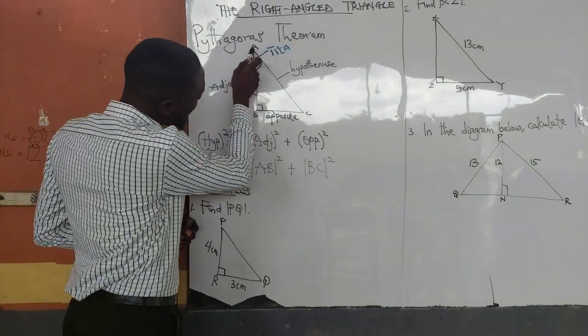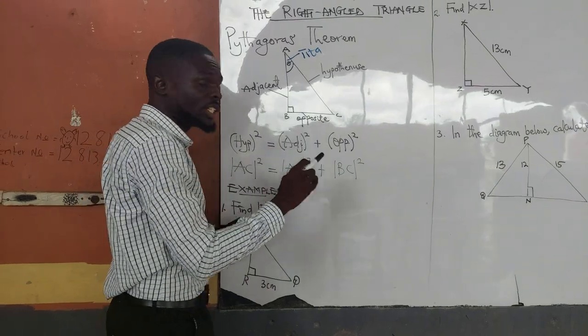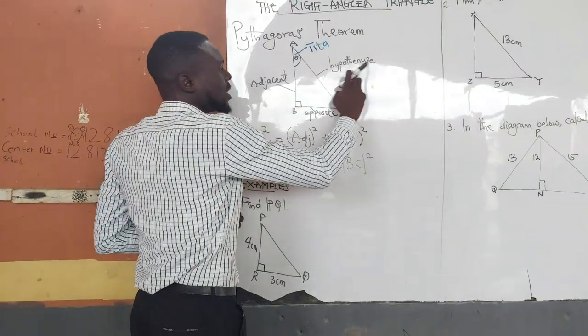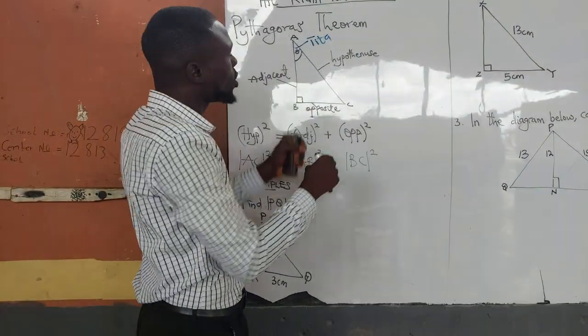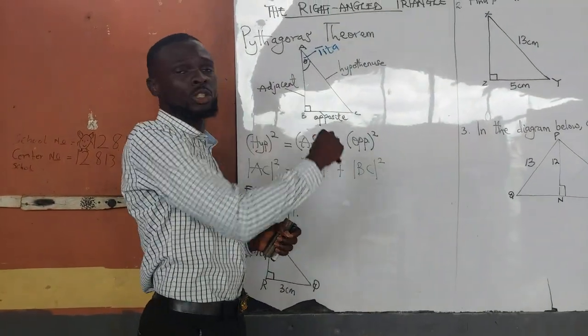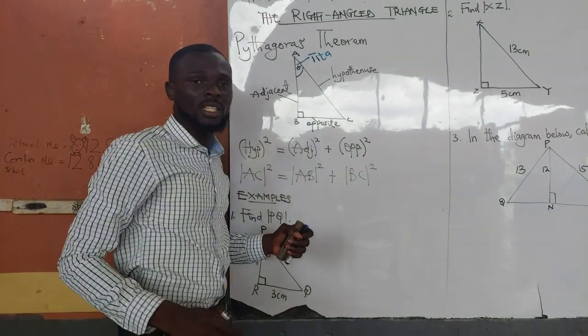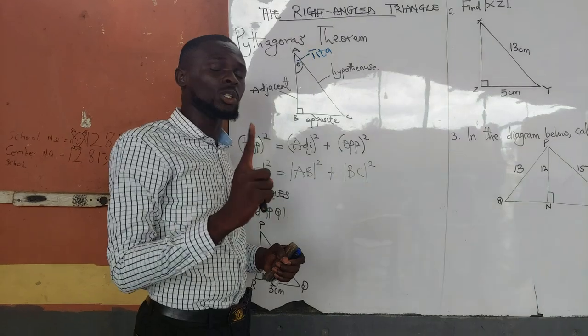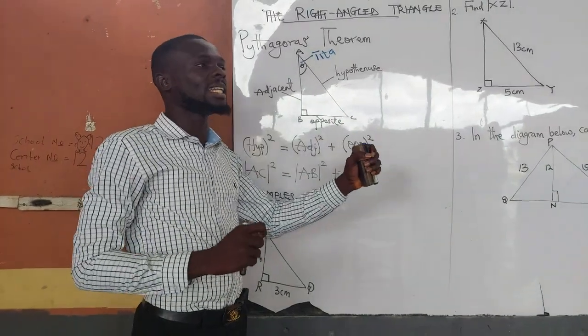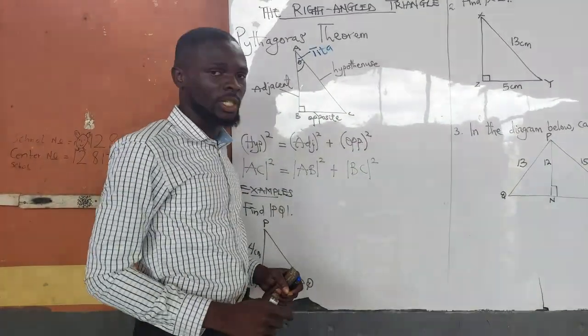The name given to the longest side, which is constant, is known as the hypotenuse. So the longest side of the right angle triangle is referred to as the what? The hypotenuse. Very, very important. We have to take note that the longest side is always the hypotenuse.